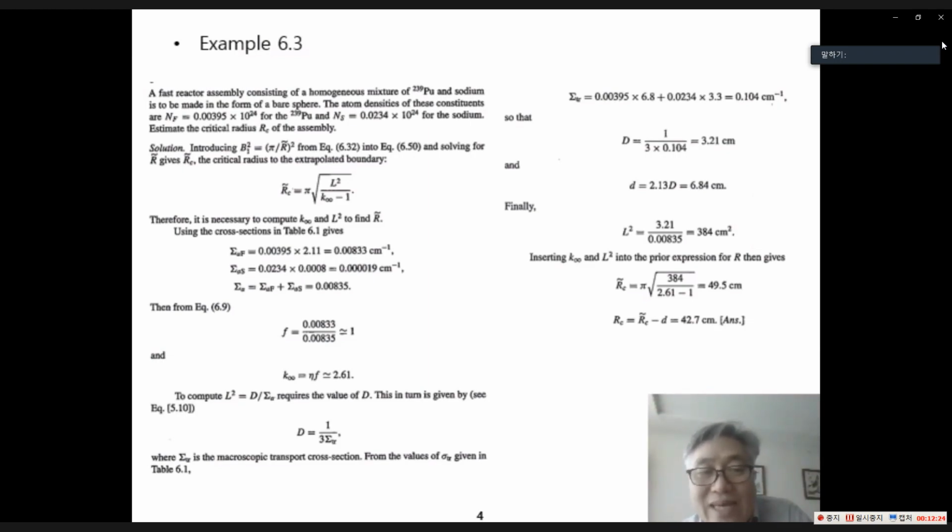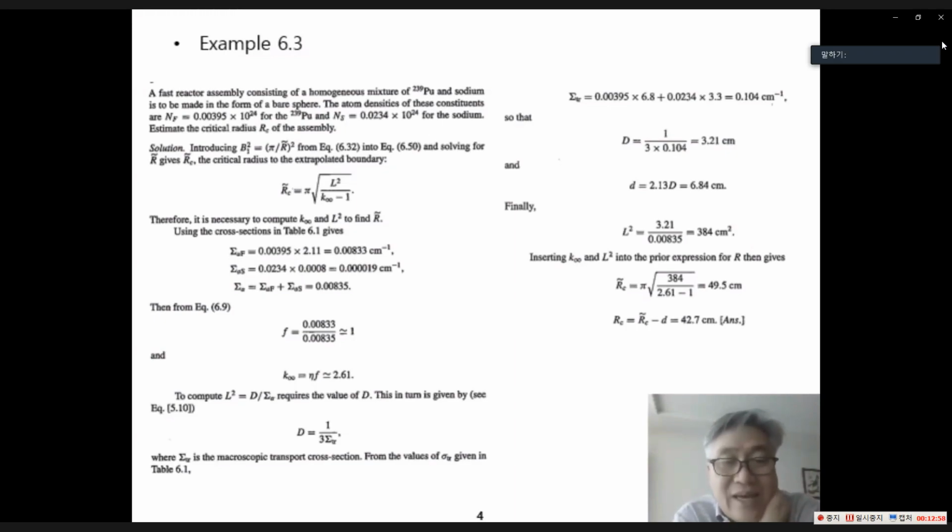Then you get sigma AS, and the total absorption cross section is adding them together. The thermal utilization factor F is sigma AF divided by sigma A, which is nearly 1. So the absorption cross section of sodium is quite small.